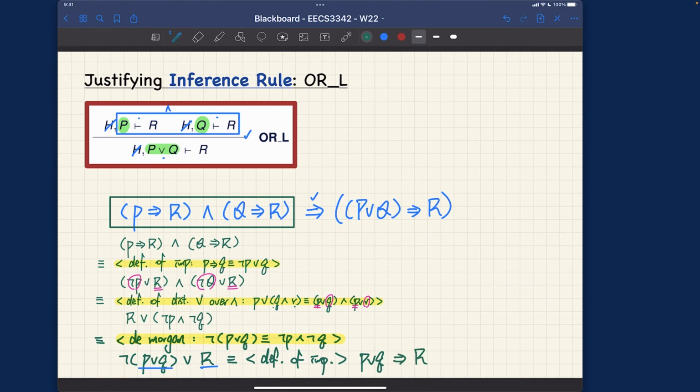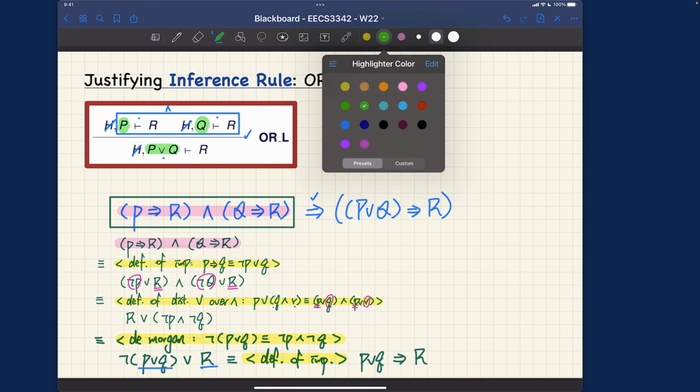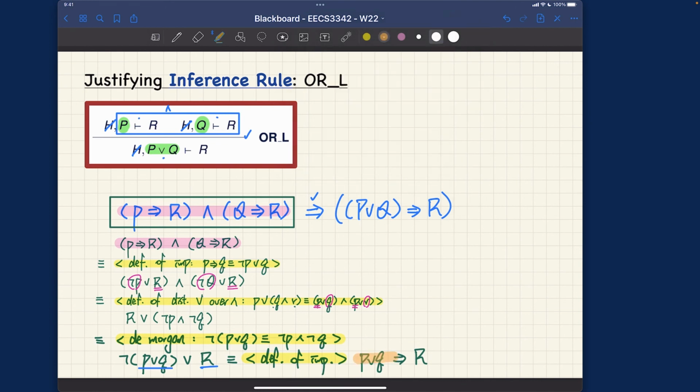Basically what we have shown over here is the justification. If you look at the very beginning and the very end, we have shown that this part over here is equivalent to this part over here. They are just equivalent, so of course implication will hold as well.